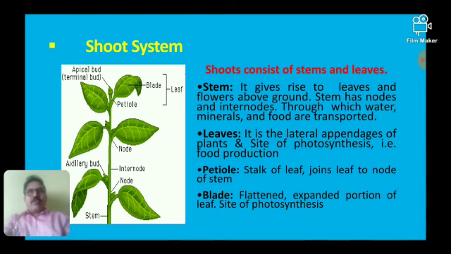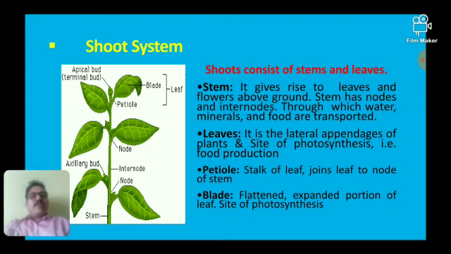These are the particular sites of photosynthesis, because the leaf contains chloroplasts, a type of cell organelle containing different kinds of chlorophyll pigments, and with the help of sun rays they trap the sun rays and carry out the process of photosynthesis, and food material is synthesized.